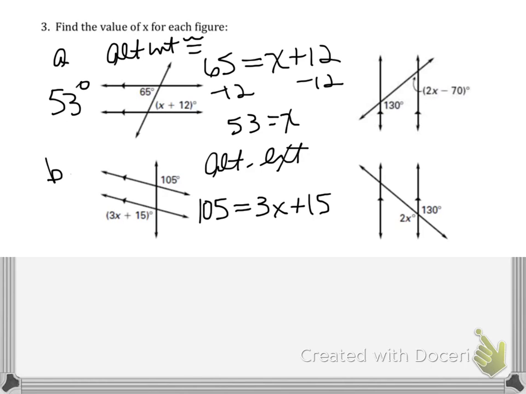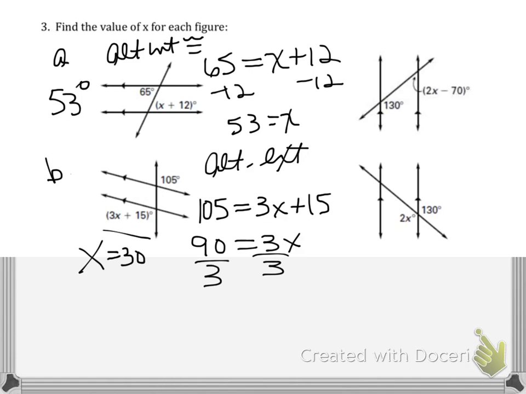So subtract 15 from both sides, and I get 90 equals 3x. Divide both sides by 3, and I'm getting x equals 30. Okay, so x equals 53, x equals 30.